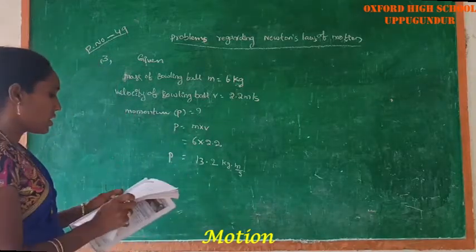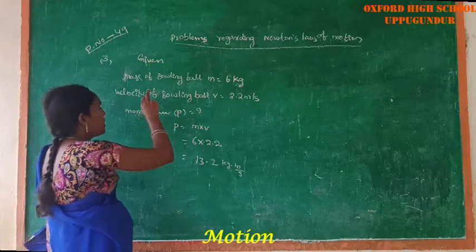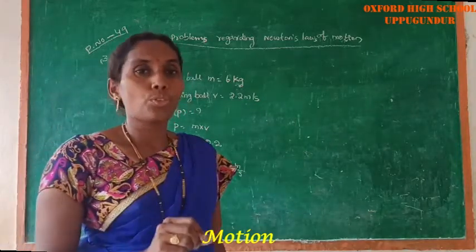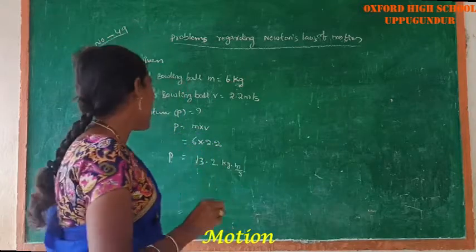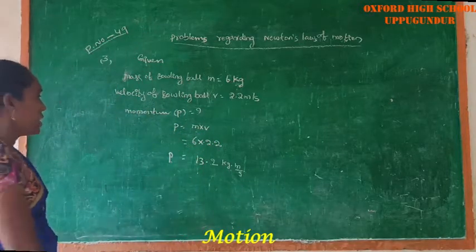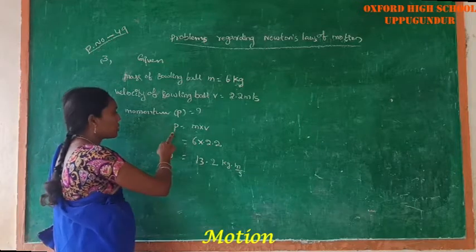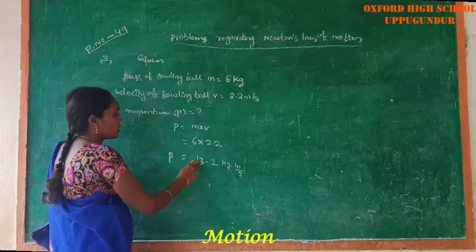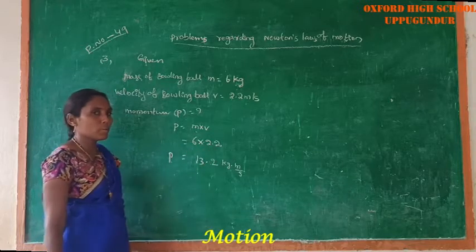Here they have given mass and velocity. By using these two physical quantities, we can measure the momentum. The formula for momentum is the product of mass into velocity. Here 6 into 2.2 is equal to 13.2 kg meter per second.